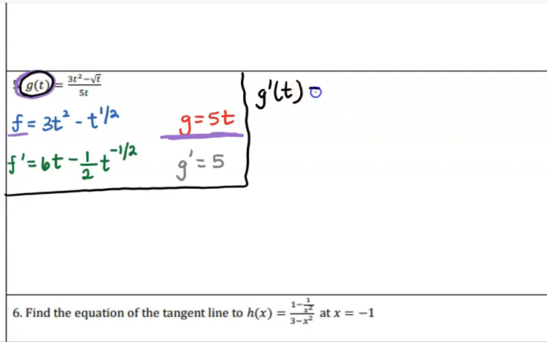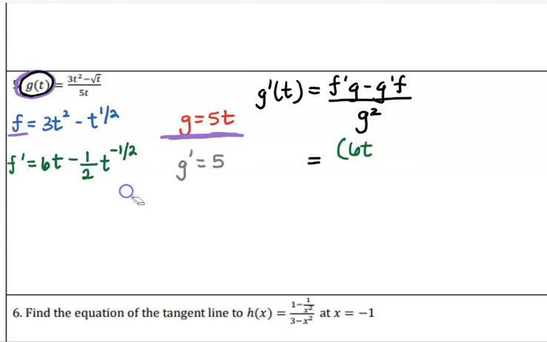G prime of t, the quotient rule says this is equal to f prime g minus g prime f all over g squared. So I'm going to start filling these things in. F prime is 6t to the negative 1/2. And by the way, y'all, before we put f prime in there, let's do some simplifying here. I'm going to rewrite f prime as 6t minus 1 over 2.